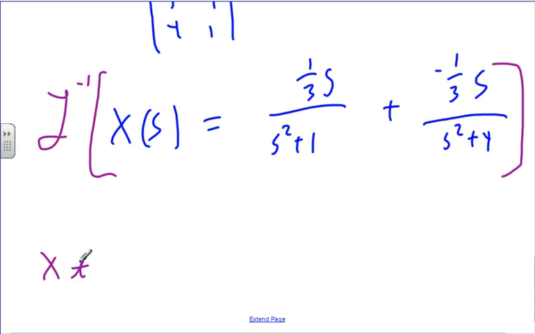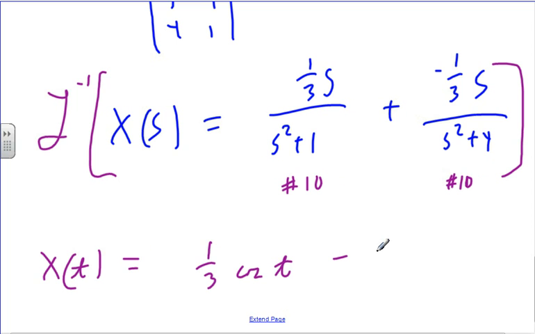I have x of t equal to, and I notice that an s over s squared plus 1 is the number 10 guy, and this guy's going to be the number 10 guy as well. So I'm going to have 1/3 cosine t minus 1/3 cosine 2t.